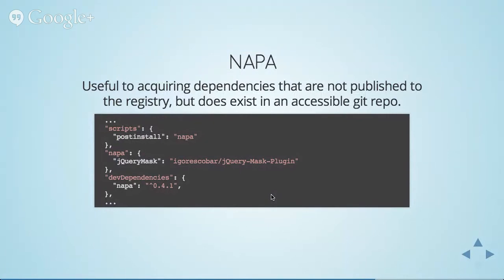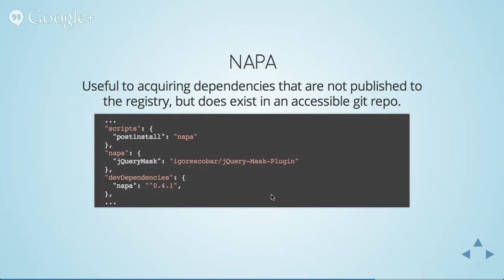All right, Napa. So I talked about this earlier, getting dependencies that are not on the public registry. Something to be careful of, because you are using a dependency to go get these dependencies, you want to make sure that when you release this module, it's probably a good idea to wrap those dependencies into your published module so that you don't make everyone be dependent on Napa and whatever this other dependency is.